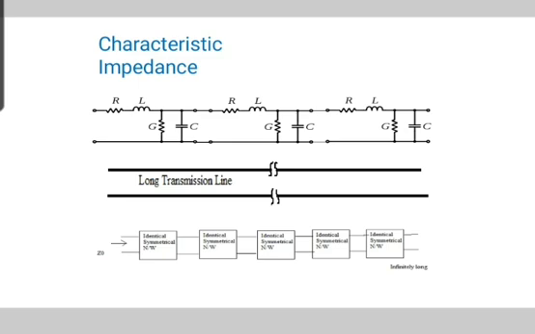So if we consider an infinite length transmission line, then if the power is fed at the input of this transmission line, there will not be any reflection from the output end, and this is because the line is having infinite length. Since there are no reflections, there will not be any loss of the power.